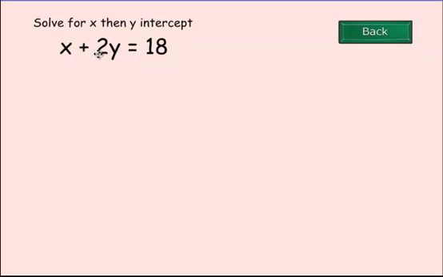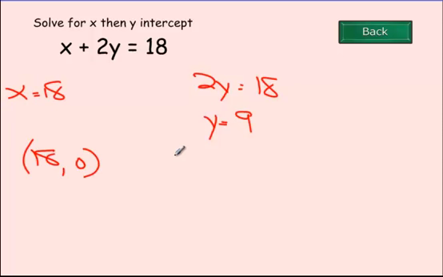If I want an x-intercept, I'm making y 0. So I'm saying y is 0, so x is 18. For the second equation, I'm doing 2y equals 18 because I said x is 0. So y equals 9. So I have 18, 0, and I have 0, 9.